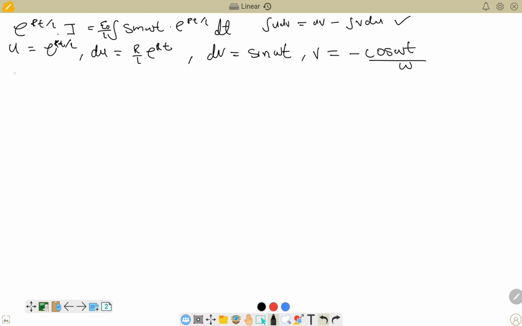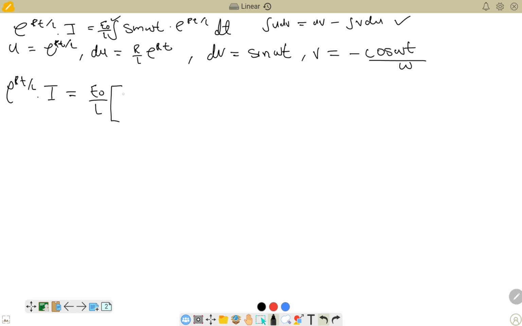So what are we having? We're going to have e to the power Rt over L times I equals my UV, but I must not forget the constant there, E naught over L. So everything should be multiplied by E naught over L. What is my U?